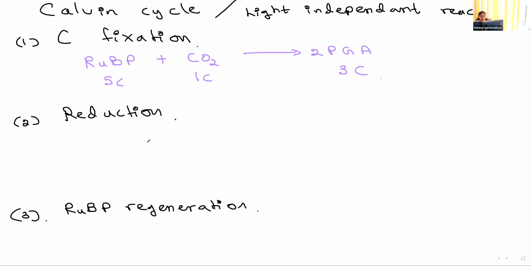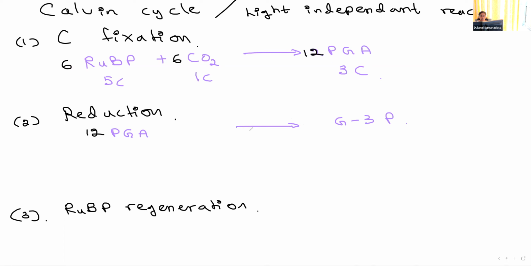So the reduction is PGA converting into G3P. You can go with the 6s. 12.